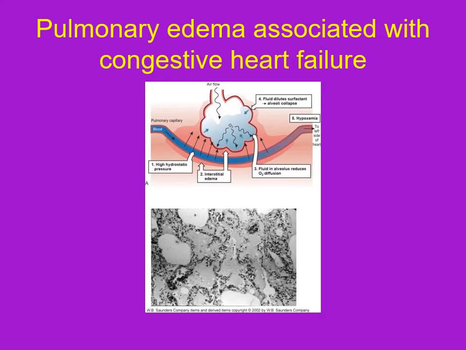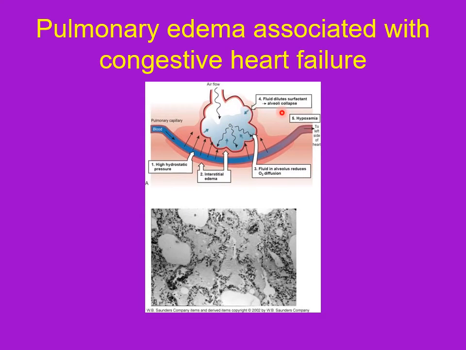So this is a picture showing you a pulmonary edema associated with congestive heart failure. And as you can see here, the high hydrostatic pressure in the blood from the congestion, the blockage in the circulation, causes interstitial edema, so fluid seeps out. Fluid pressure increase causes fluid to go into the alveolus, and that reduces oxygen diffusion.